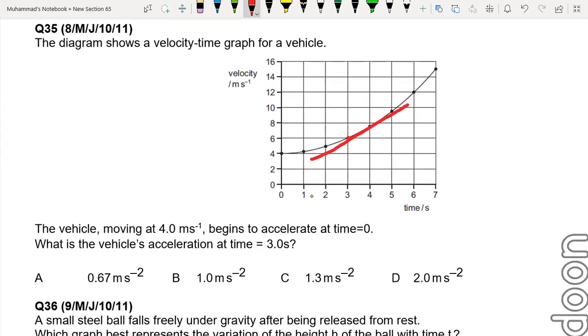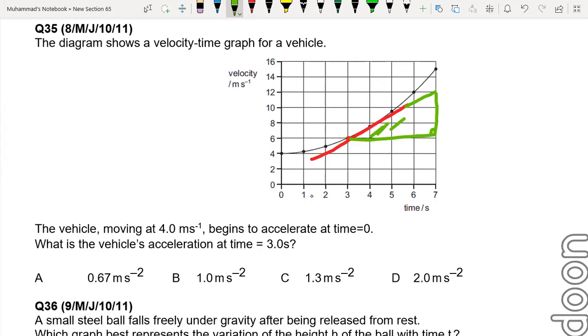That will give us the vehicle acceleration at t equal to 3. So you have to calculate the gradient of this part. It's up to you whether you take a smaller triangle or a larger triangle. But that will give you an approximate answer.